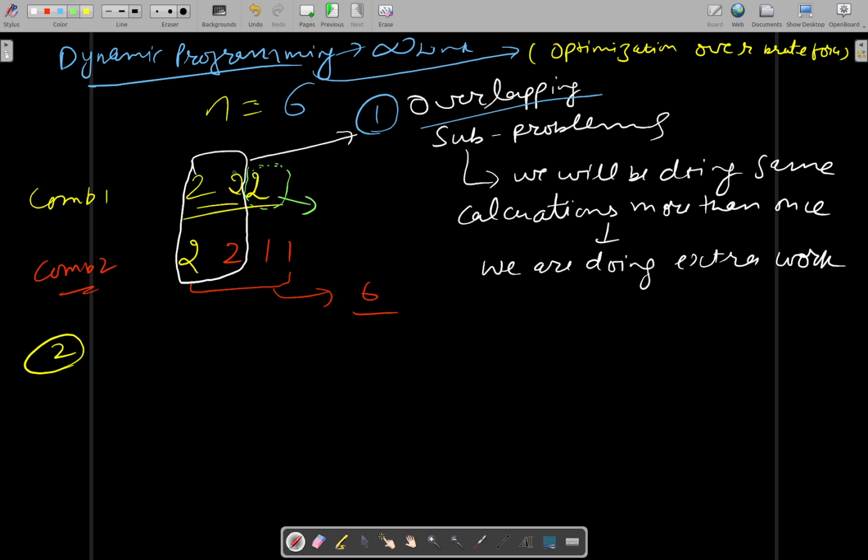Either you could have made a two-step jump, or a one-step jump was also possible to arrive at this step. So you have two previous states that are contributing to the current state. Let this be the current state, and these are two previous states.